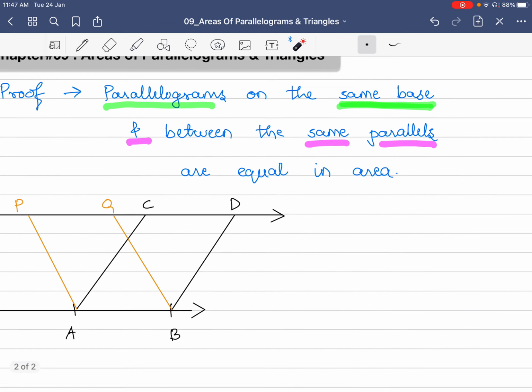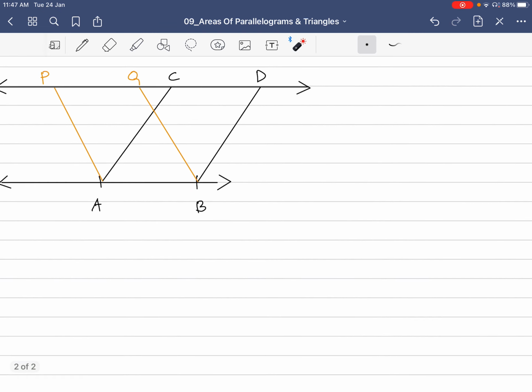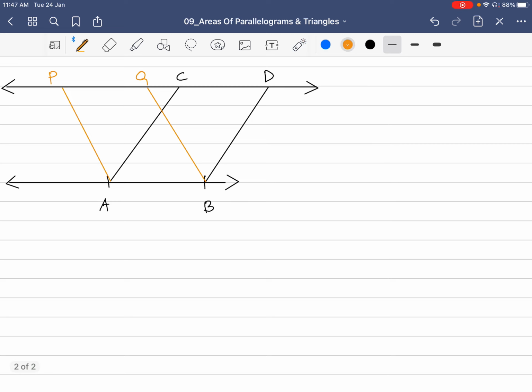Now let's observe one important thing. There is one change that we will be making in order to simplify this proof, and that change is as follows. First of all, let us erase this new parallelogram that we have constructed. So the new parallelogram will be, first of all, let's extend this line.